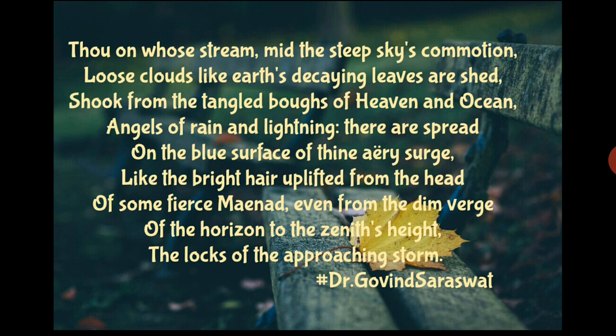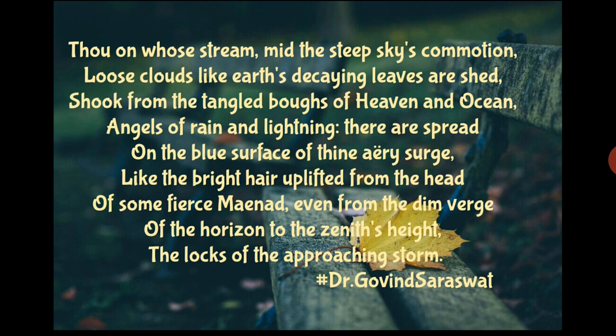And from the branches of this huge tree, the imagery is that in the same manner as dry leaves fall from an ordinary tree on the earth, from the branches of this huge tree fall clouds.